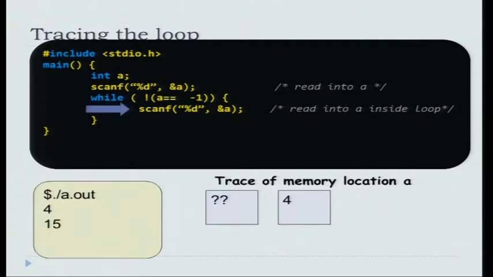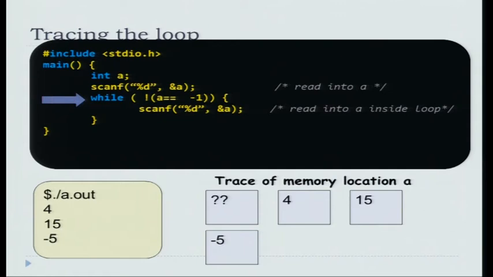Let's say that the next number is 15. You read the number into A, so memory location A is now 15. 15 is not -1, so you again enter the loop. You enter -5. -5 is not -1, so you enter the loop again.